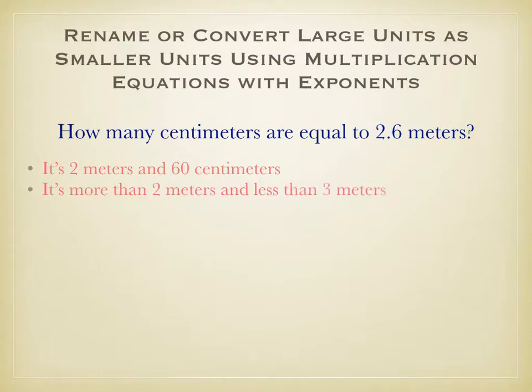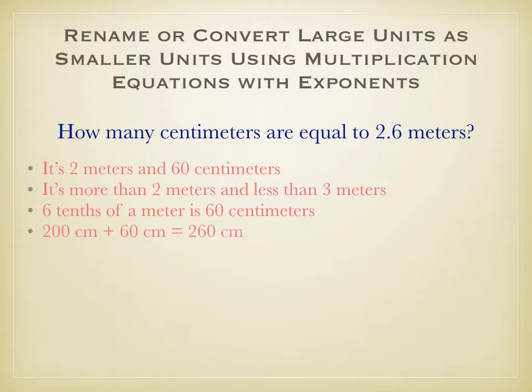We know it's more than 2 meters and less than 3 meters. 6/10 of a meter is 60 centimeters. So 2 meters is 200 centimeters. 6/10 of a meter is 60 centimeters, so it's 200 centimeters plus 60 centimeters equals 260 centimeters.